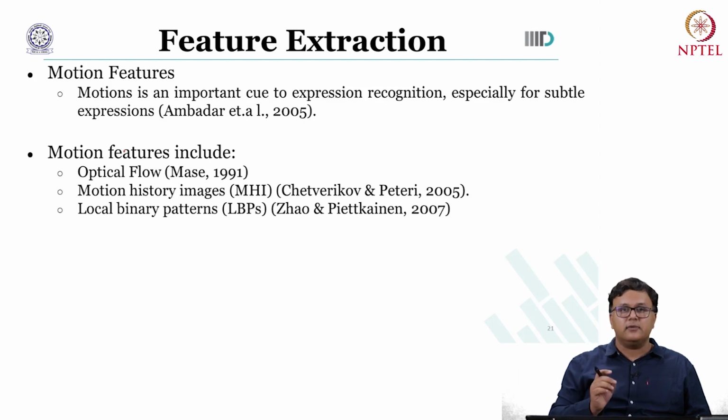You started smiling, right? The onset, apex, offset. So every frame, frame 1, has a relation with frame 2. Therefore, an ideal feature representation should be the one which not only looks at the spatial information.